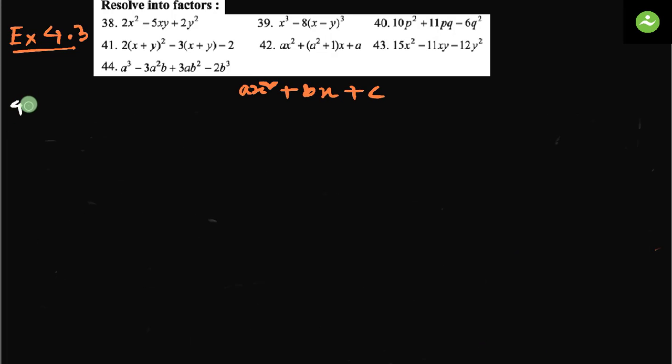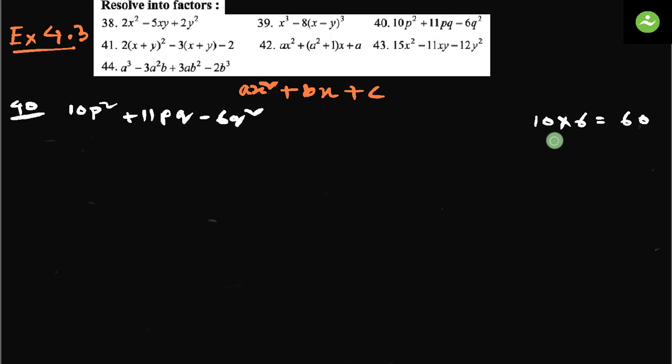Number 40, 10p squared plus 11pq minus 6q squared. What is the value of q here? q or c, the constant is 10 into 6 equals 60.